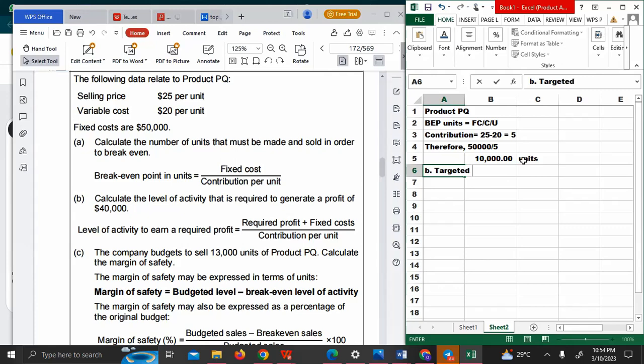Why are you calling it targeted profit? Because you have already set a particular amount of profit that you want to make. Exactly. They have given us a target that, whether you like it or not, you must make, for you to be able to get this particular amount of profit.